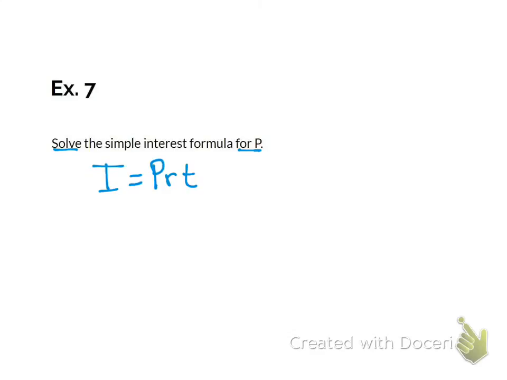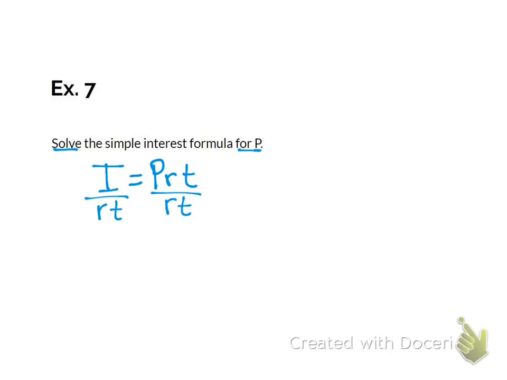What do I need to get rid of? The R and the T. Both R and T are being what? Multiplied to the P. So to undo that, we need to divide. You can go ahead and divide by both of them at the same time. That's fine.